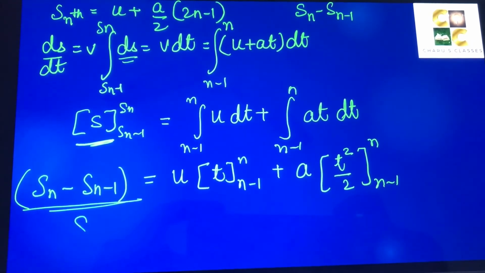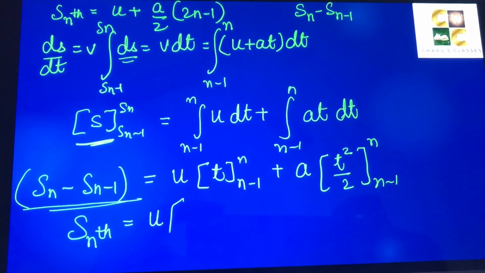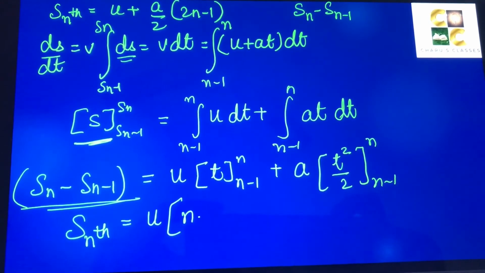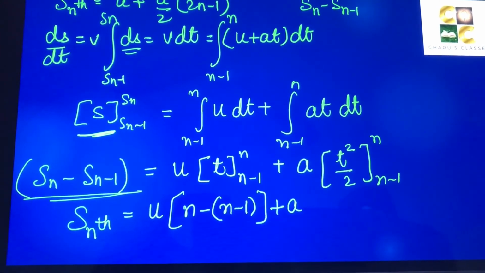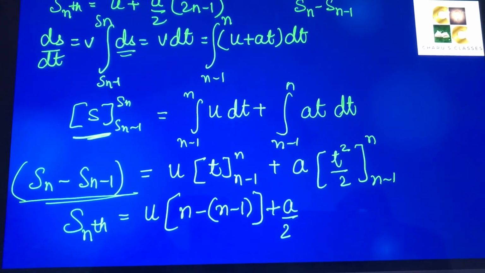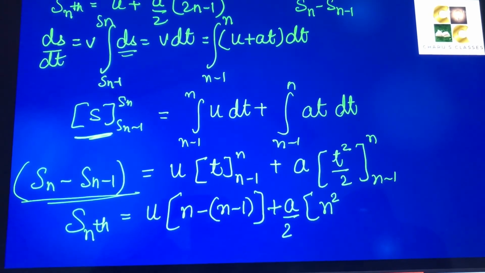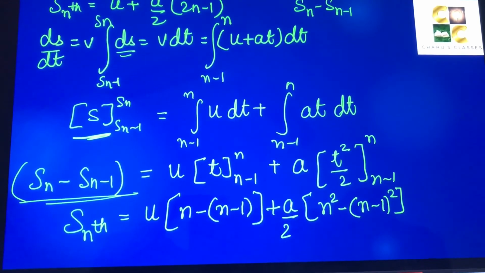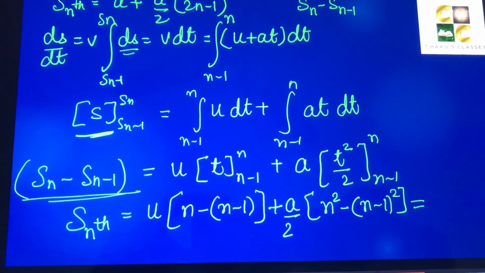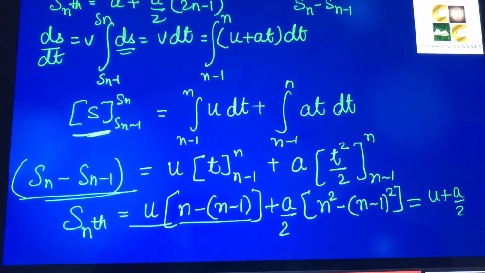As I told you, this is the displacement in the nth second. So s nth can be written as u. In place of t, we are going to use n minus n minus 1 plus a. I can take 2 also as constant, so I'll just bring it out. So in place of t square, we have n square minus n minus 1 whole square. This will become u plus a by 2.